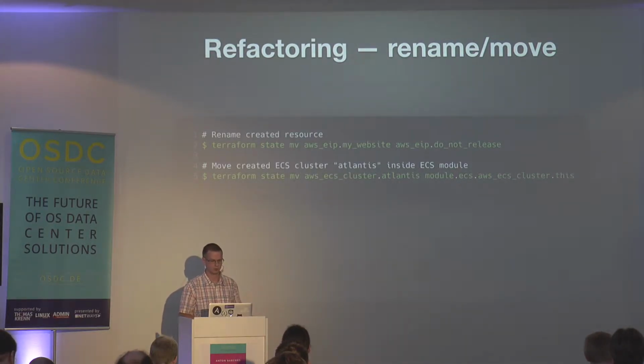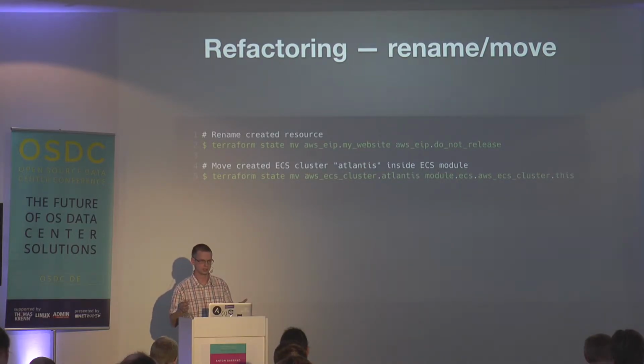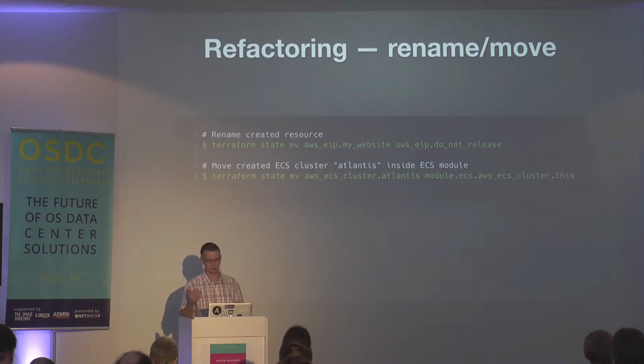So renaming and moving is an important feature of Terraform when you are thinking about putting everything in one file, main.tf, with all resources possible. And then again, it's important to not recreate resources, but just make your configuration and the whole composition easier to work with. So that's why it's important to have features like renaming resources or import or moving resources from one place into another module.